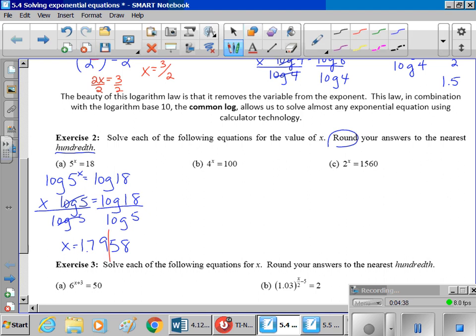Now beware, if it says to the nearest hundredth, it means you need to have 2 digits after the decimal point. So don't write down 1.8 here. This is 1.80. We look here, this is 5 or greater, so we have to kick that 9 up by 1, so that 79 becomes an 80.